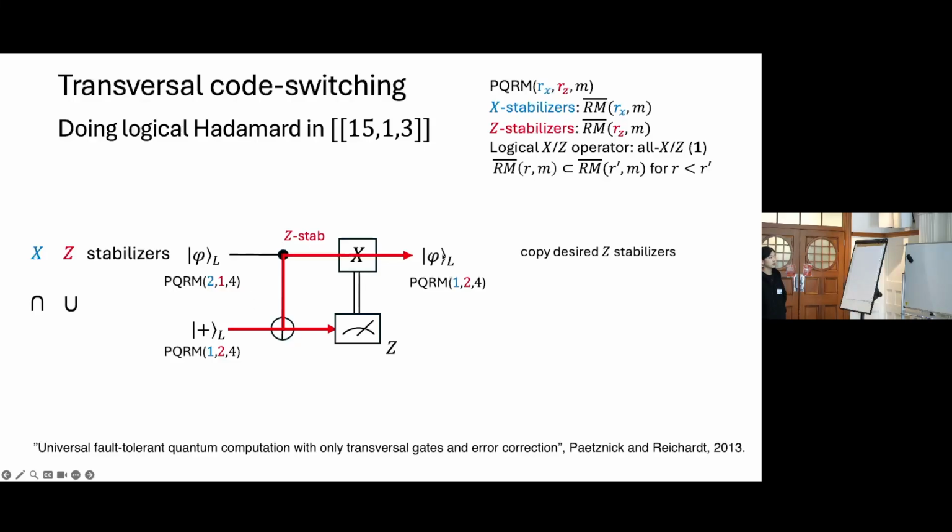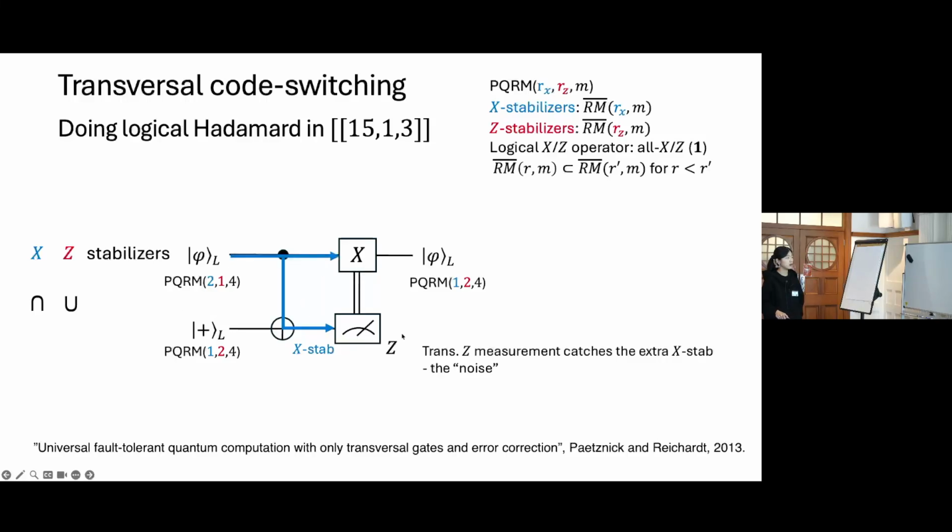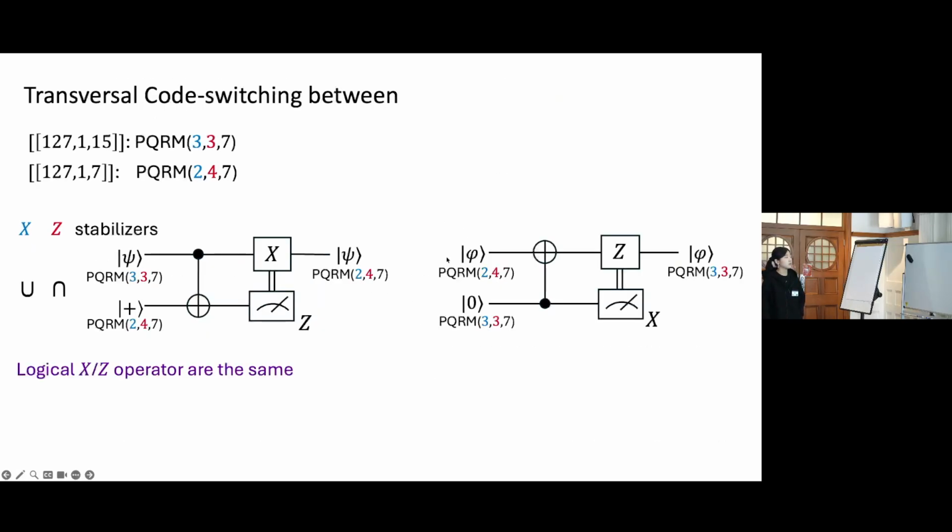So basically, this is copying, these are Z stabilizers. And for the X stabilizers, you have some extra X stabilizers here, and they are going to propagate to this transversal measurement and be caught. And these extra X stabilizers are treated as noise, so it's basically corrected using Steane error correction. So through this argument, you can derive that you end up in the original code state. Basically, the same thing works for this 1-2-7 pair for exactly the same reason.